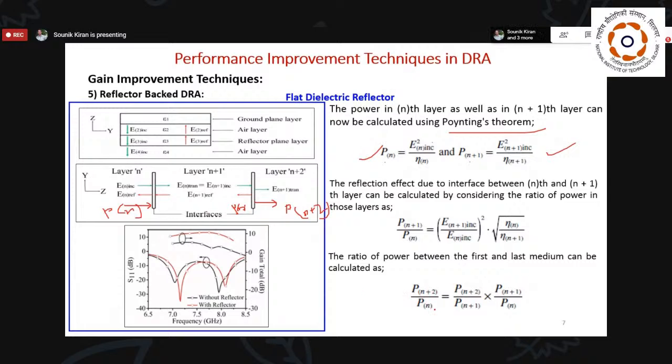Generally the ratio must vary between a positive number and a maximum of 1. If we find that the ratio comes between, let's say, 0.1 and 1, if anything lies in between, we can say it is a partially reflective surface.